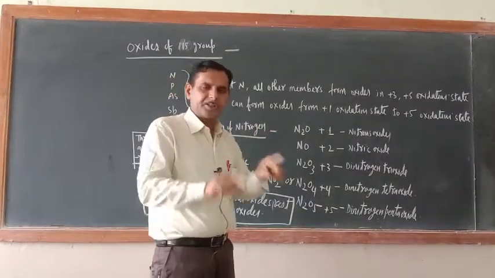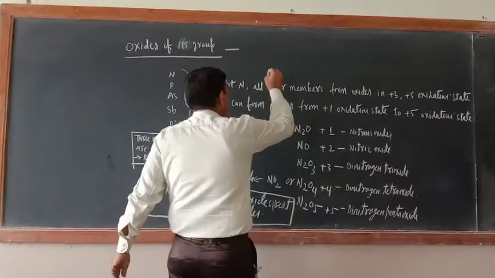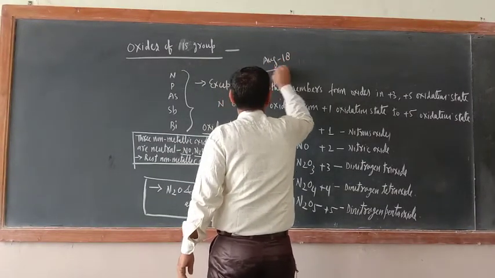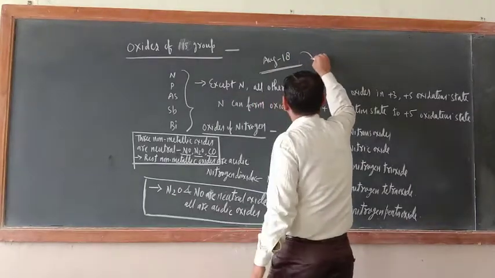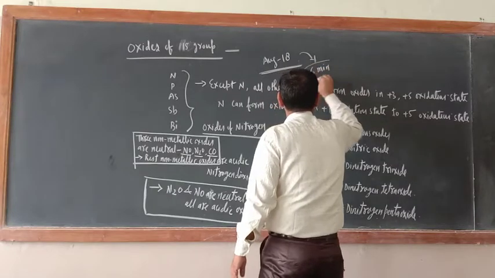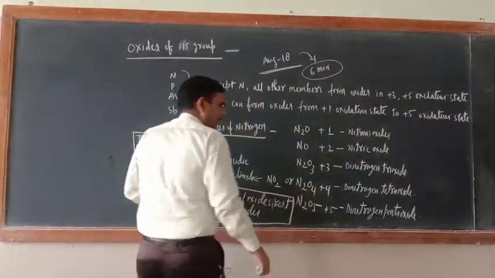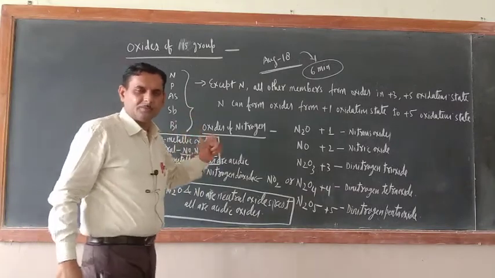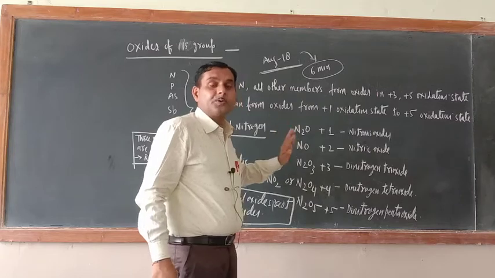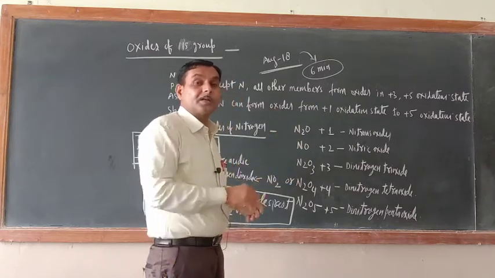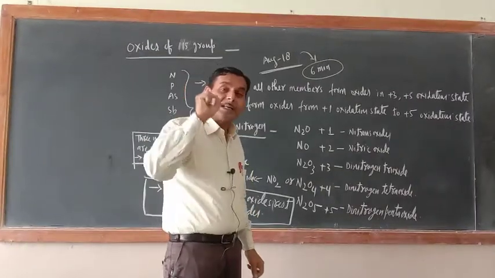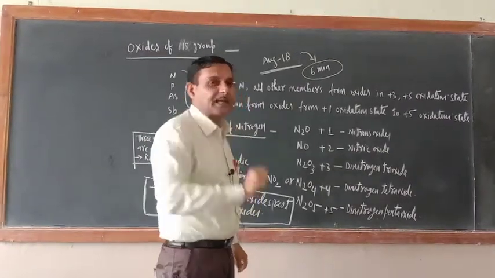There is one correction, dear cadets. Just see in the video of 18th August, chemistry video only, exactly at 6 minutes. I committed one error. What is that one? When I was explaining you electronegativity, what I told: down the group electronegativity decreases due to increase in atomic size.